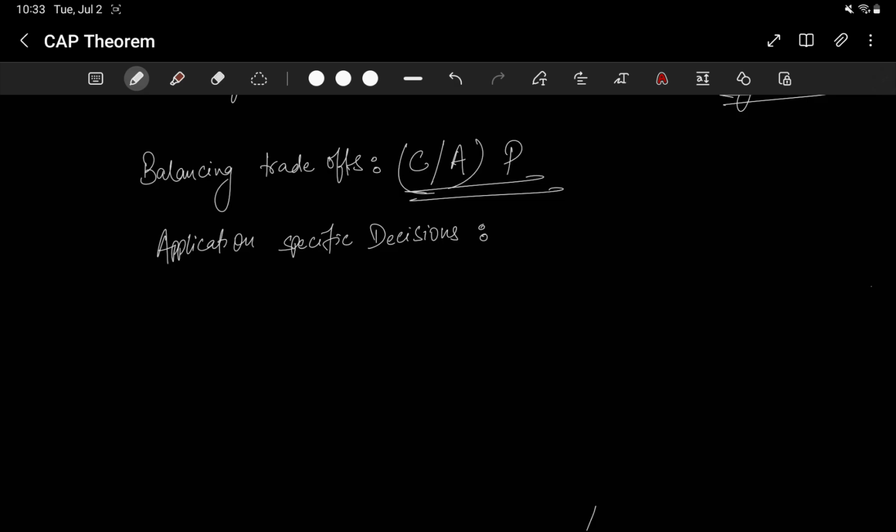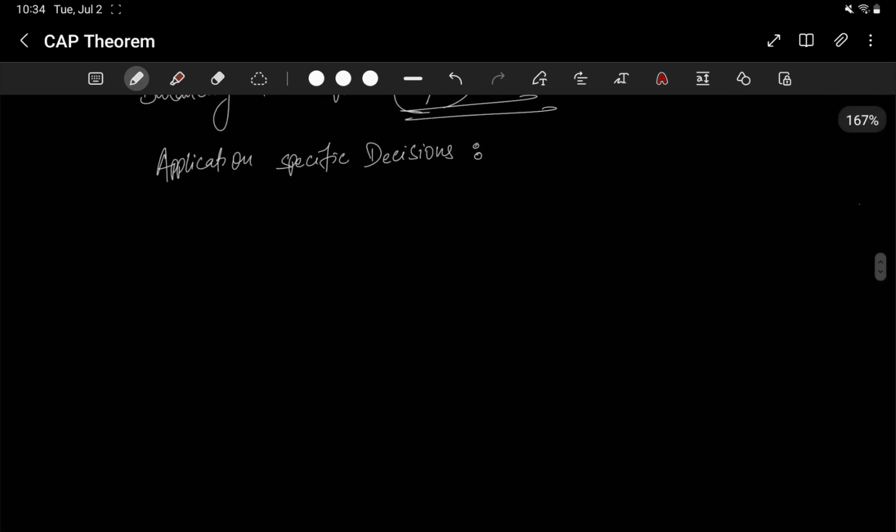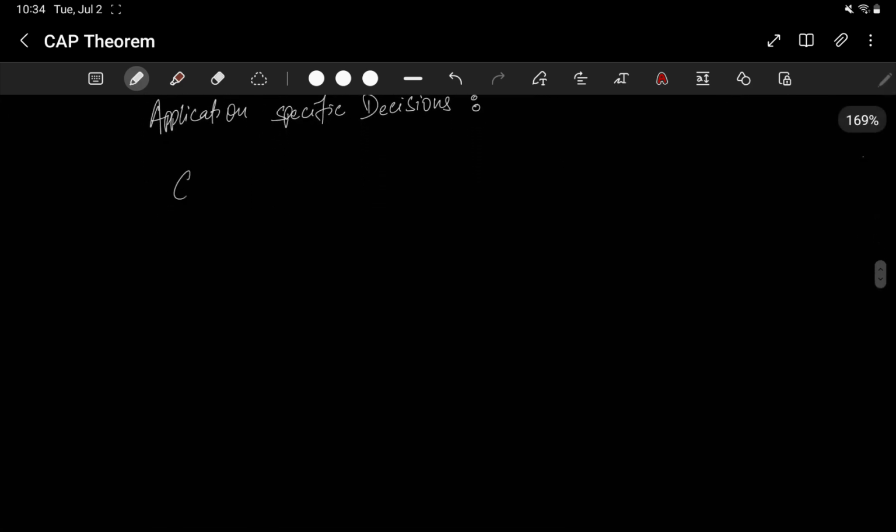Okay. So what's the conclusion? The conclusion is that CAP theorem guides the design of distributed systems and influences architectural decisions. So if I have to write it, let me add a section called conclusion.